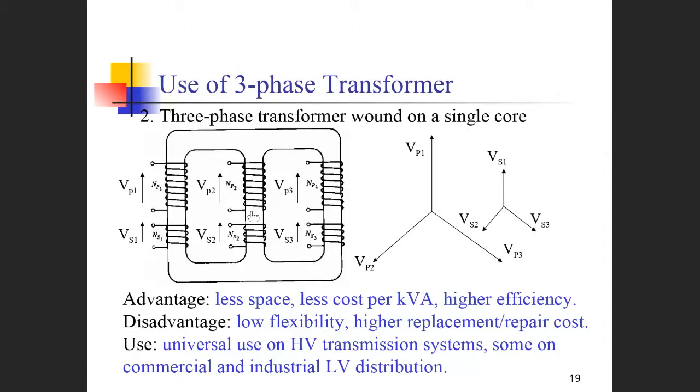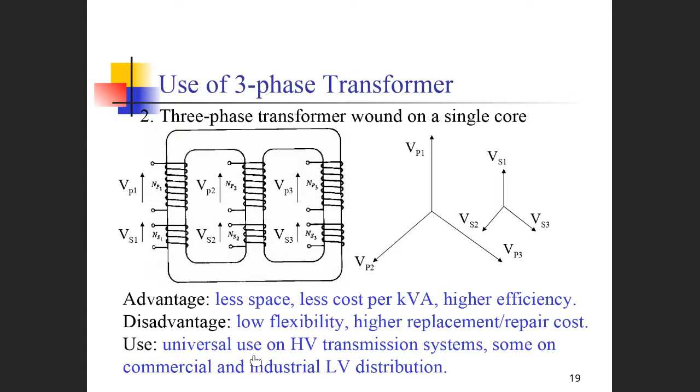Secondly, if there are problems inside the transformer, even with one coil, you have to open the whole transformer to replace that one coil. Even for the insulation materials, the oil unit, or the insulation gas unit, you have to refill it, because when you open it, it leaks.